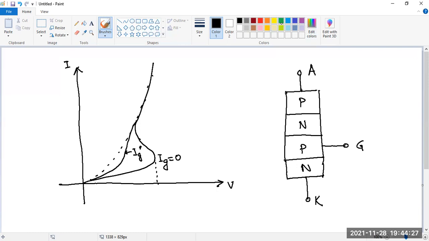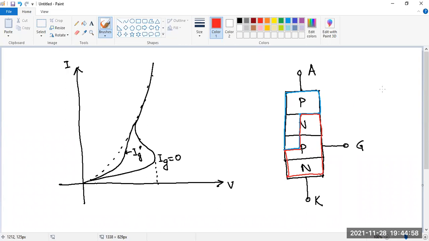One is the NPN transistor, another is the PNP transistor. So the PNP transistor is like this. And the NPN transistor is this.